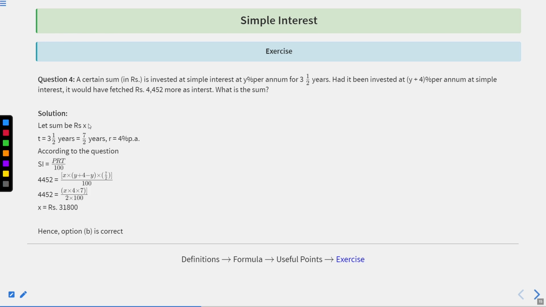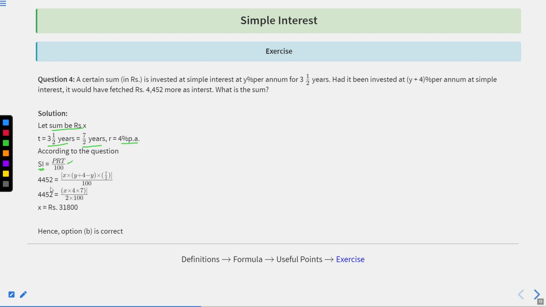So let us suppose the sum be X and time is given to be 3.5 years, that is 7/2 years, and the rate of interest is 4% per annum. So according to the question, simple interest equal to PRT upon 100.